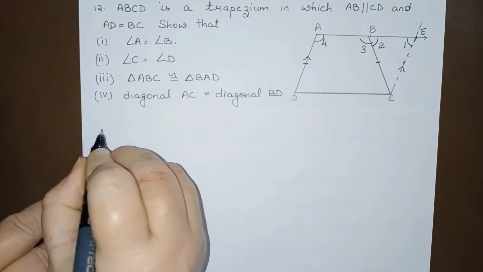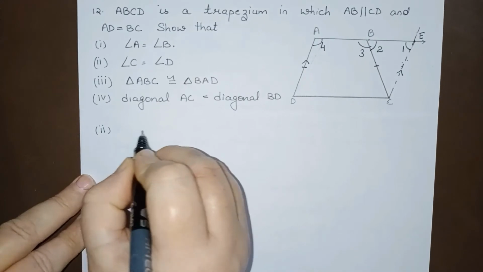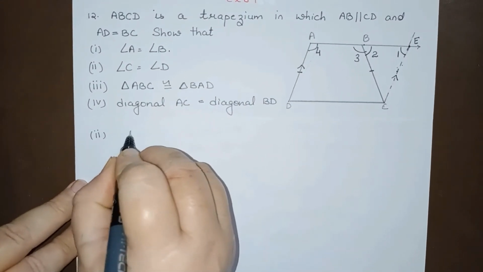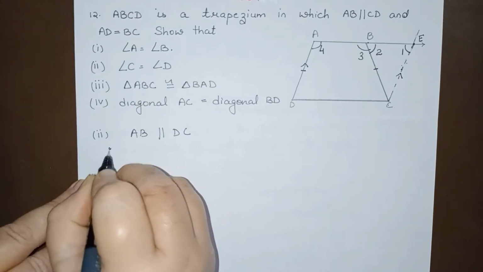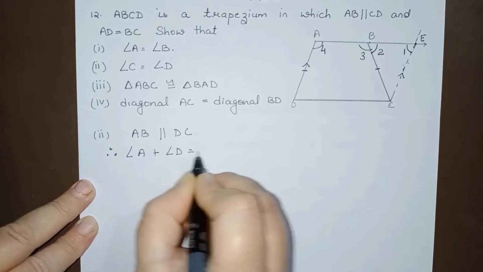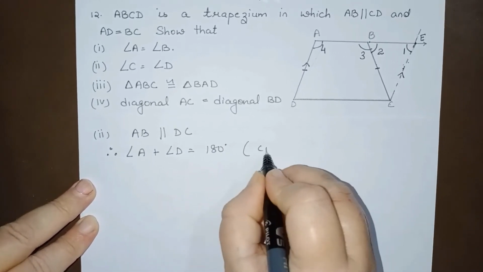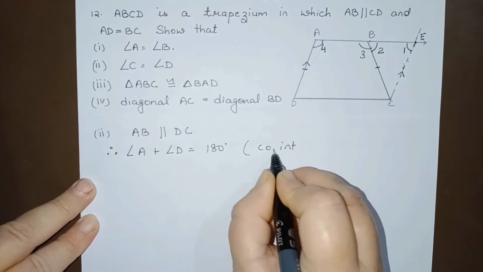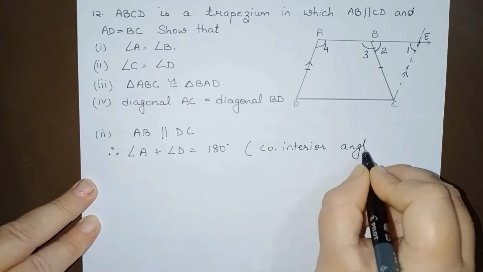So let us start with the second part. Now to prove the second part, AB is parallel to DC. Therefore, we have angle A plus angle D is 180 degrees. Now, they are co-interior angles. Co-interior angles are supplementary.